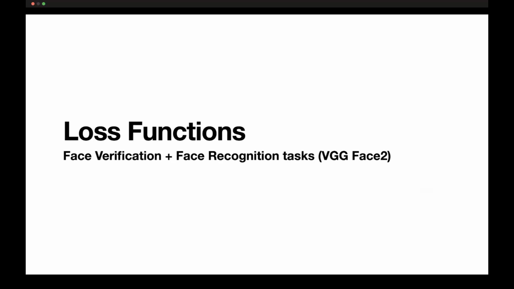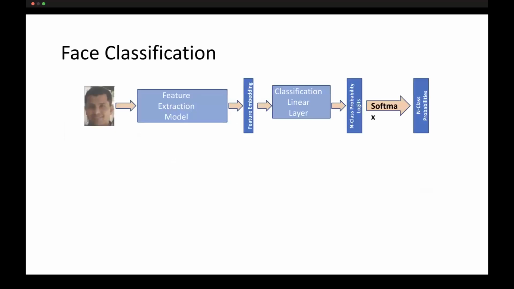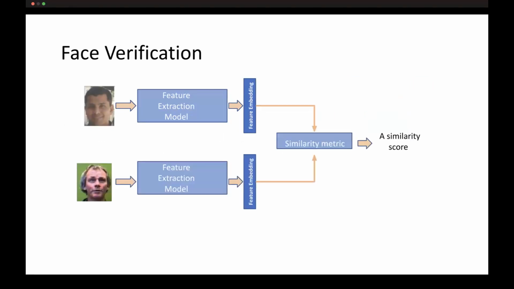So additional steps would be required in order to get good performance for verification. We see how we used the feature encodings or the feature embeddings that we learned from our classification model, and check the similarity of two of these images to get a similarity metric.